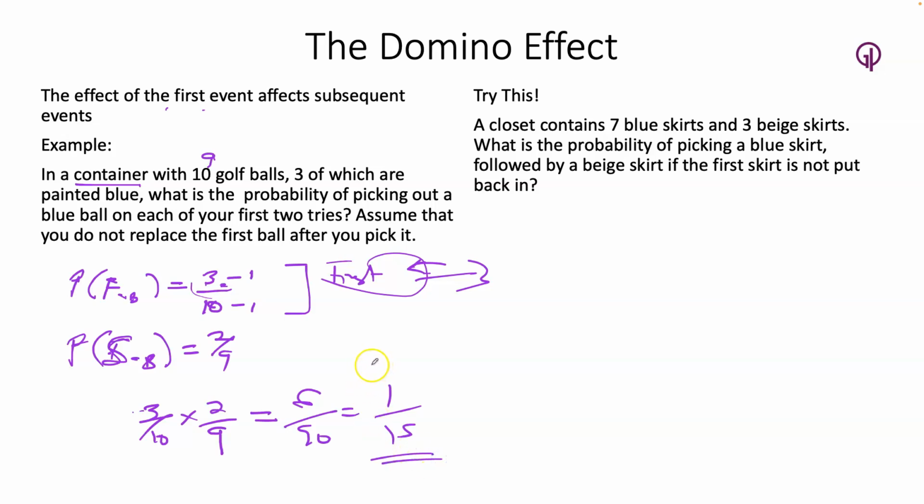Okay, and so some people will not solve it this way. They'll probably say 3 over 10 times 3 over 10, and this will be wrong. Now try your hands on this question and see if you are able to solve it.